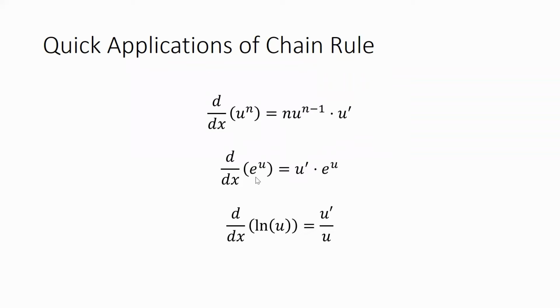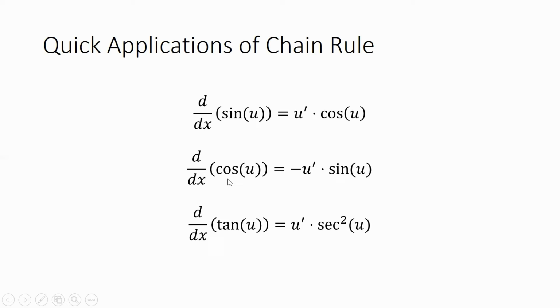Derivative of e to a power is just e to that power, and then we multiply that times the derivative of the inside function. So derivative of e to a power is derivative of the power times e to that power. Derivative of natural log of an inside function is derivative of u divided by u.